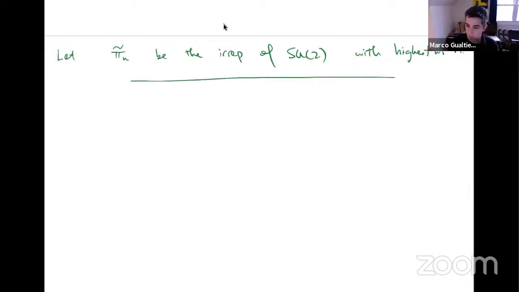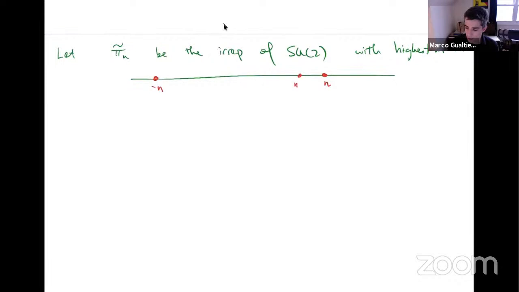Let pi tilde n be the irreducible representation of SU2 with highest weight n. Okay, so this is the one that looks like this. And the next weight would be n minus 2, and so on.